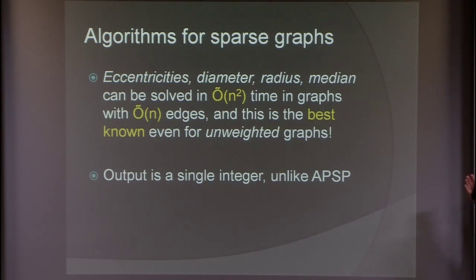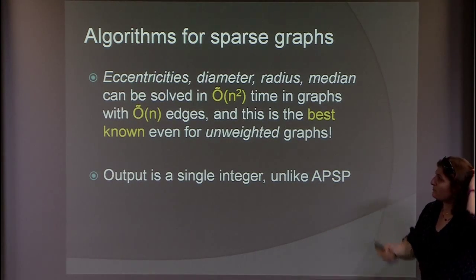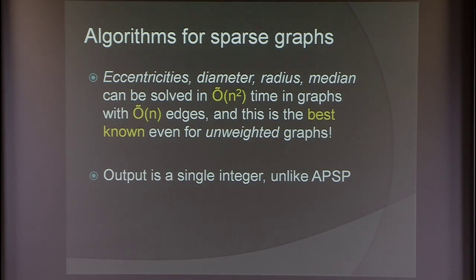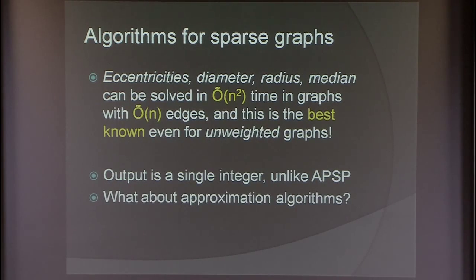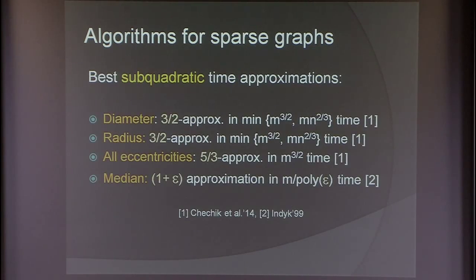And again, for all pair shortest paths, even if we solve it in optimal time for sparse graphs, we would still be paying n squared. And here it's unclear why these problems should require n squared because they're just single integers. And then again, what about approximation algorithms? Maybe when you approximate things you can do it in linear time. And here's something we're able to show.